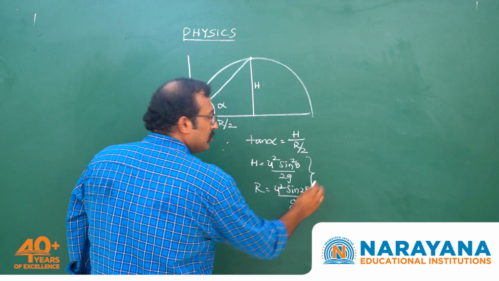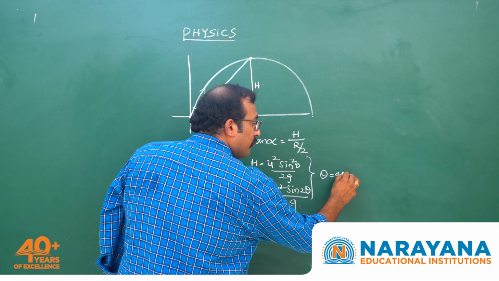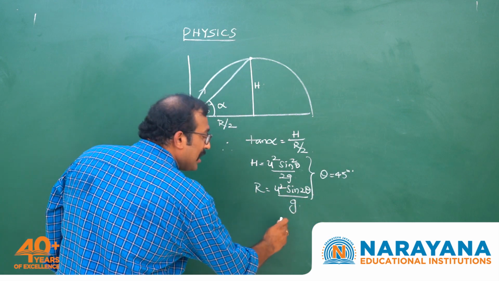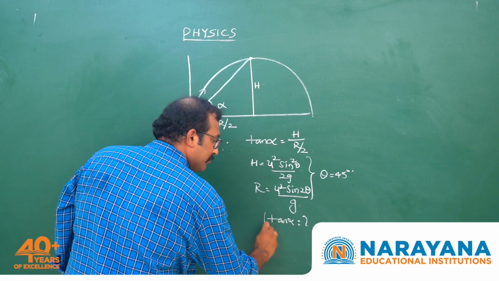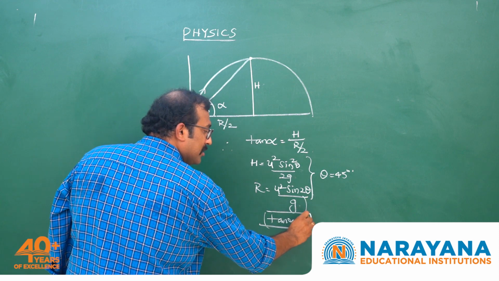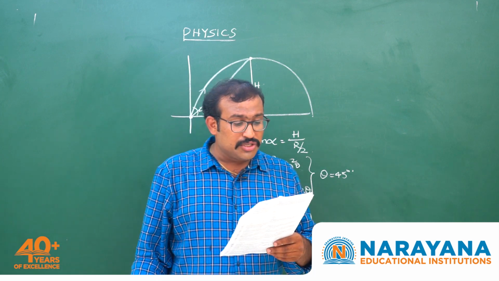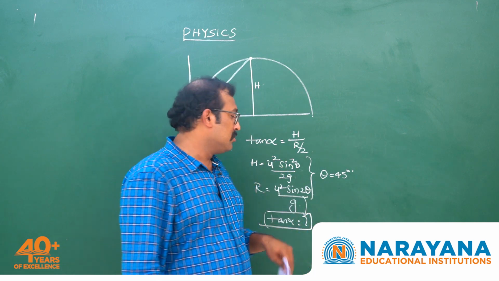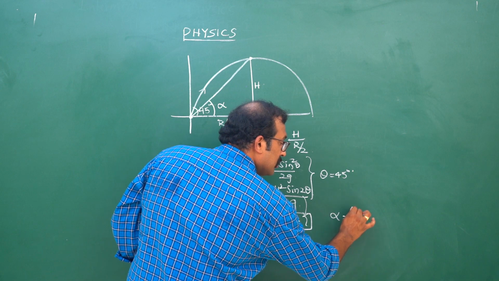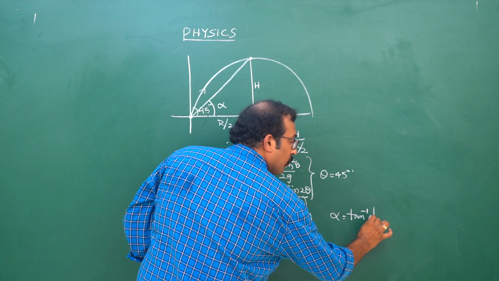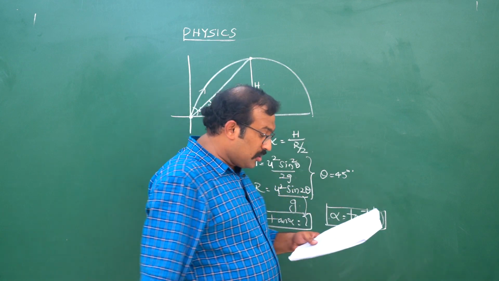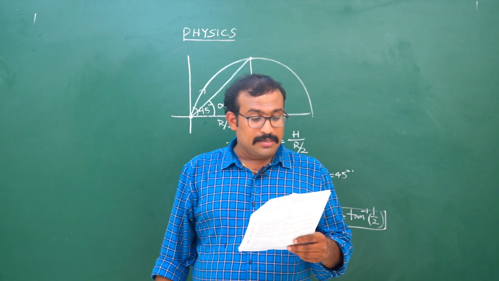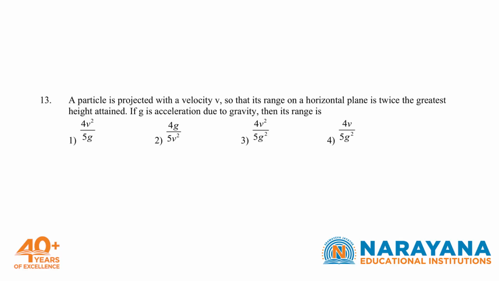Substituting these two with theta equal to 45 degrees, we get alpha is equal to tan inverse of 1 by 2. So our option is the second one.